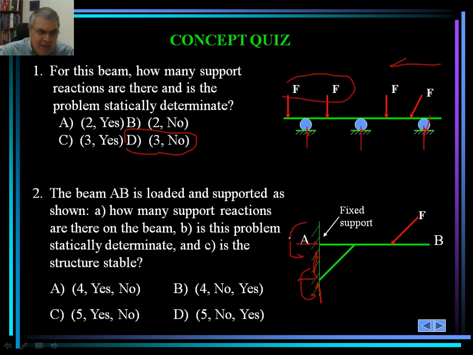So we didn't include the moments here. So this is out and this is out. There's only 4, so the answer is either A or B. Let's concentrate to see which one is the correct answer. I'm going to put a little line on it.